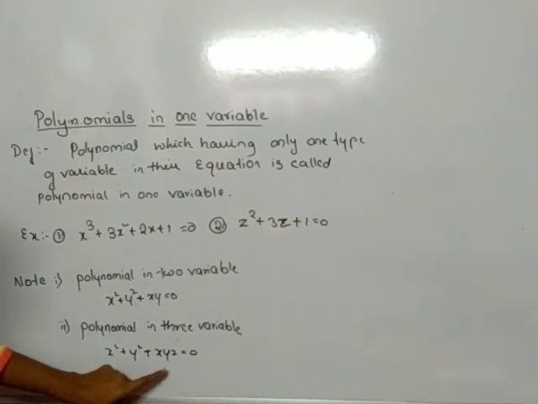You can observe here it contains three variables x, y and z, isn't it? So this is a polynomial which contains three types of variables. Generally we call it a polynomial in three variables, right? This is all about polynomials in one variable, two variables and three variables.